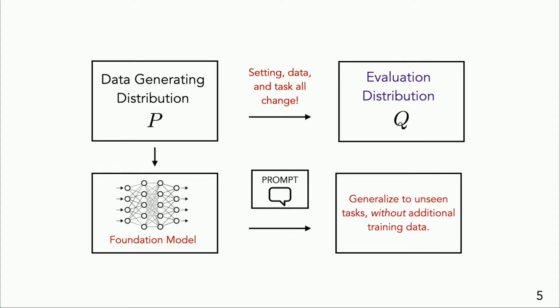And then we use, in many situations, something called a prompt, which has many meanings and many denominations. And we use that, and we can turn this foundation model to generalize to unseen tasks, so tasks that were not in the training of the foundation model, and sometimes without additional training data.